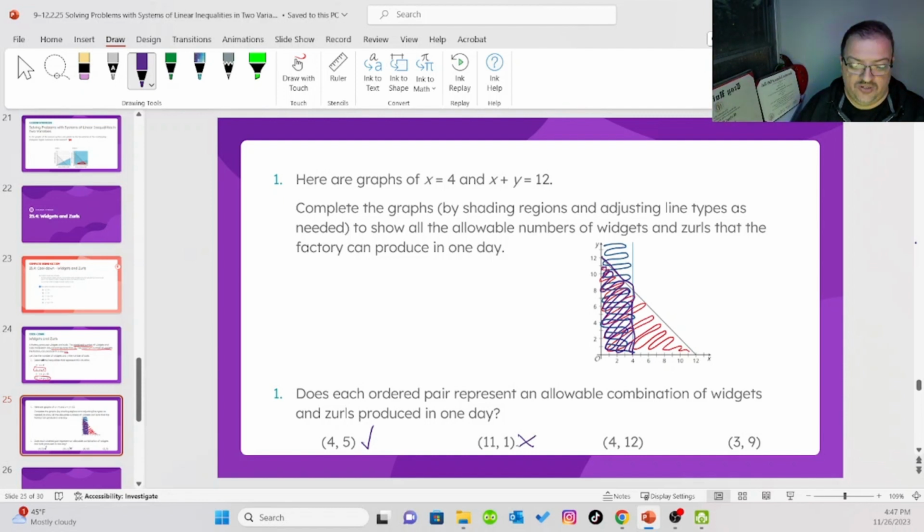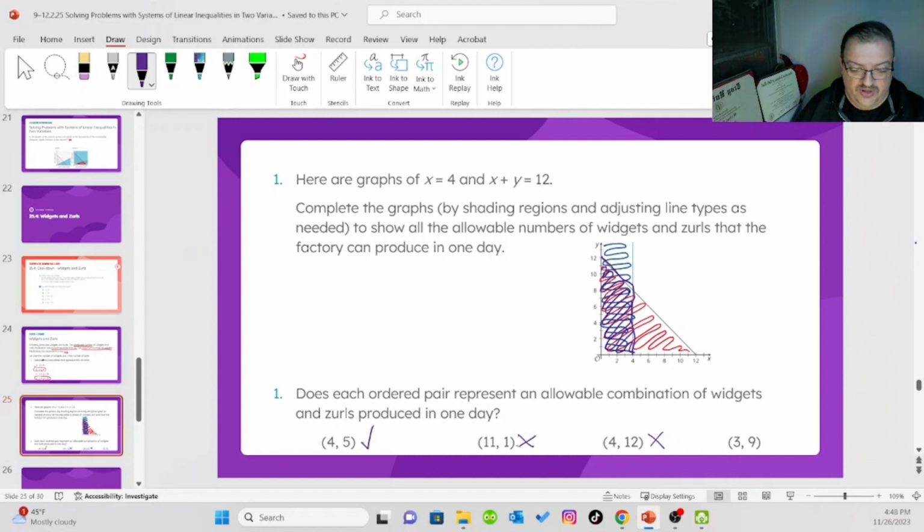Then we have 4, 12. We go over 4, up 12, and we're on the solid blue line. This does solve x is less than or equal to 4, but it does not solve x plus y is less than or equal to 12. So it is not a solution. And then we have 3, 9.